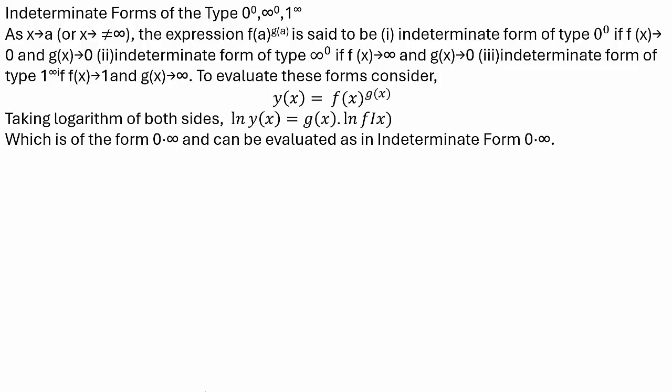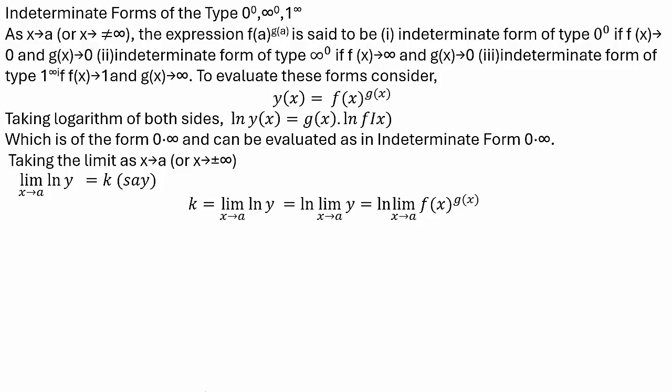Then take a logarithm of both sides, that is log of y is equal to g of x into log of f(x), which is of the form 0 into infinity and can be evaluated as the problem solving by the form of 0 into infinity. Taking limit as x tends to a, we will get limit x tends to a log of y equal to k suppose.